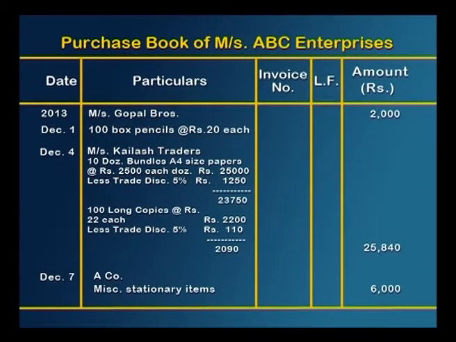So, we can see that in the date column, the date 7th of December is available, then the name of the party A company along with details of stationery, that is miscellaneous stationery items, is shown, and the amount of rupees 6,000 is available in the amount column. This is how transactions are recorded in the purchase book of a firm.